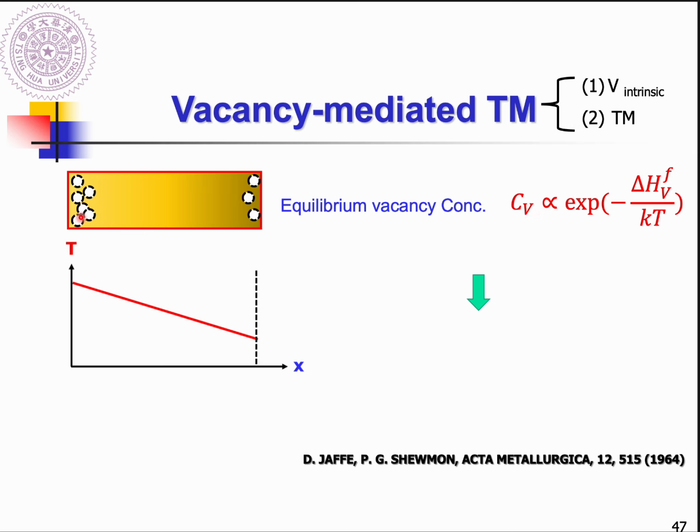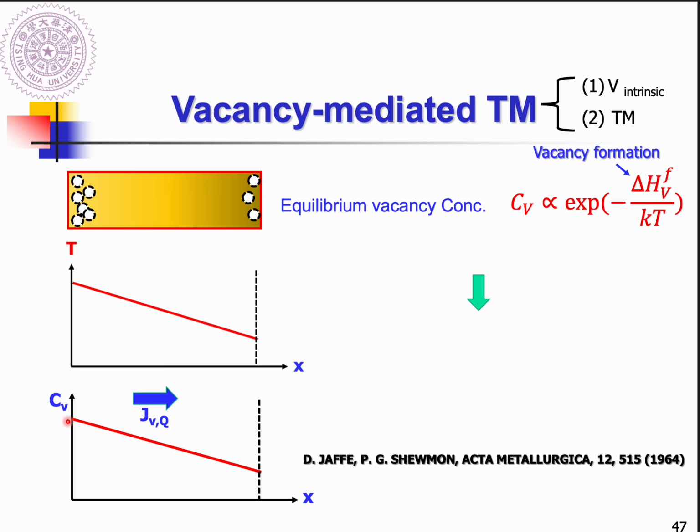And based on this equation, when you increase the temperature, you can observe more vacancies being created. So based on these figures, we apply the temperature gradient on this one. We will have a higher vacancy concentration at higher temperature and a lower vacancy concentration at lower temperature. This concentration variation will lead to a vacancy flux toward the right-hand side, right?